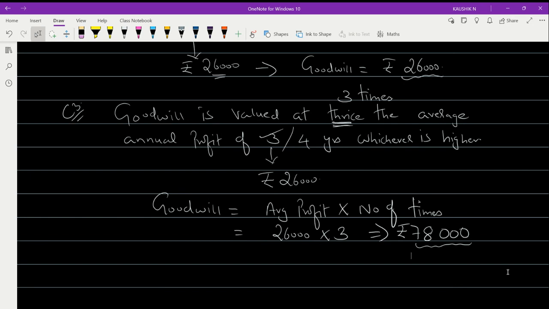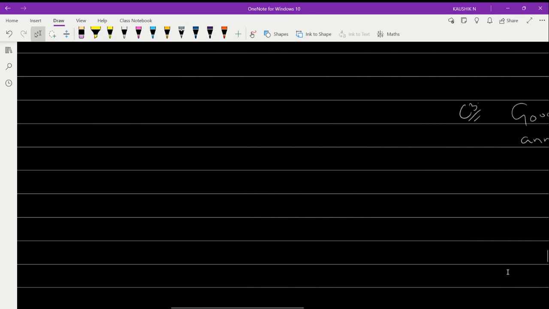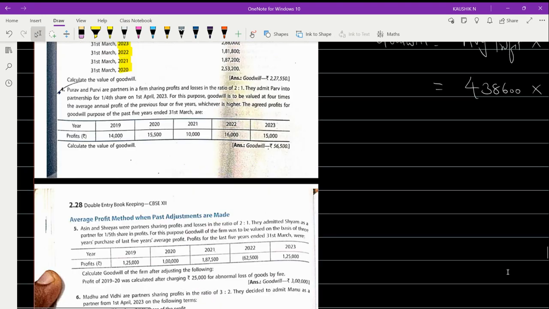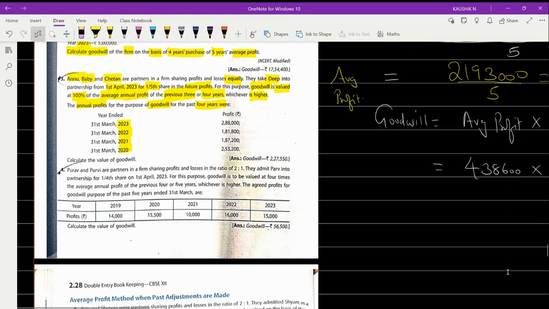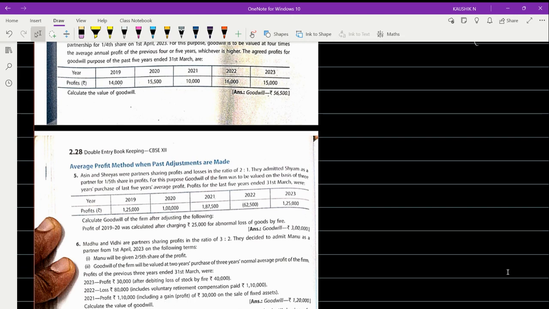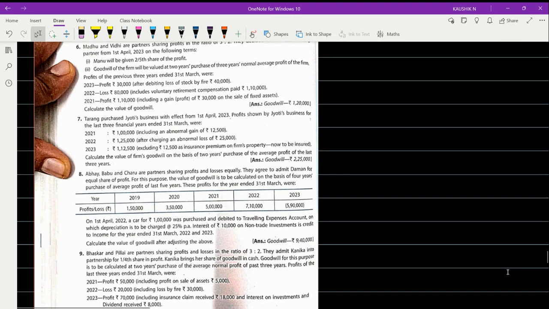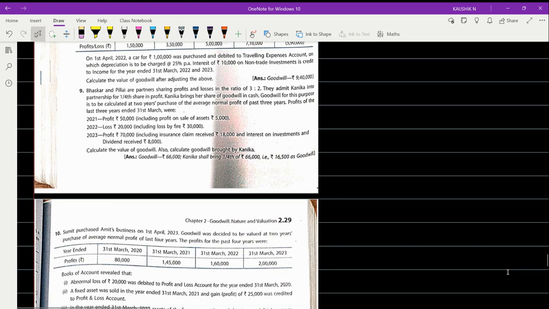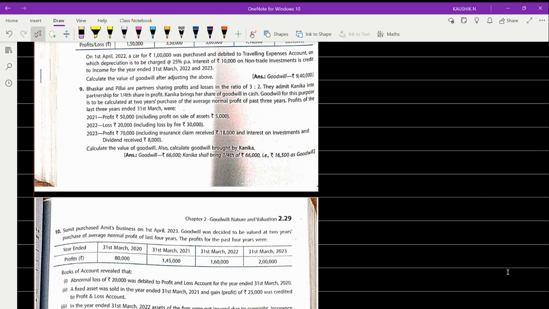Got the concept? Okay. Now come to the next category of the problem, which is the weighted average profit method. The method which we are going to see later is the adjustments; adjustment based concept I'll teach you once I complete the normal pattern.